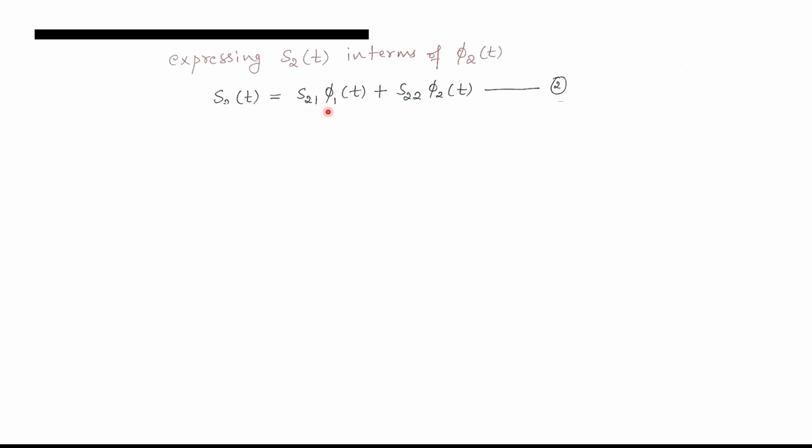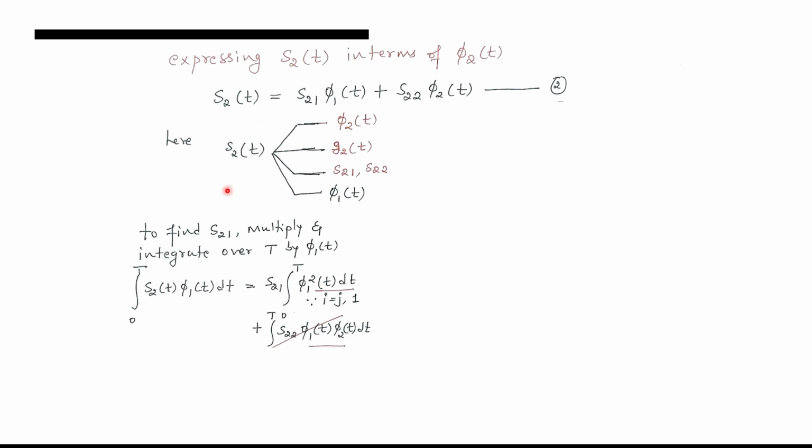Here in this equation, that is equation 2, S2 of t is known, S21 is not known, S22 is not known, phi2 of t is also not known. We only know phi1 of t from the previous step. Therefore, with the knowledge of phi1 of t, we are going to define phi2 of t.